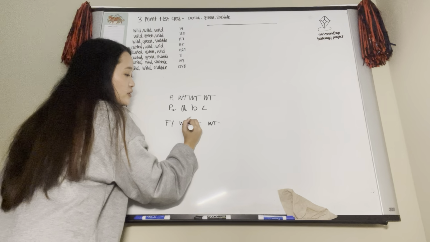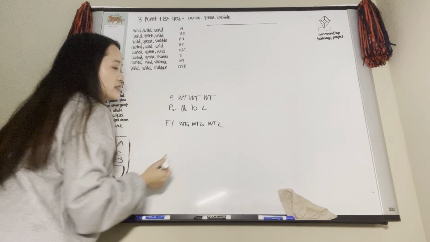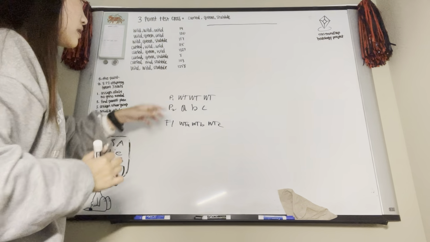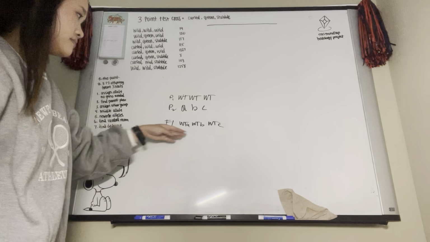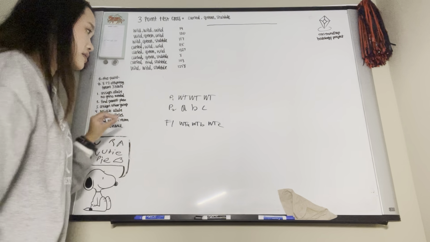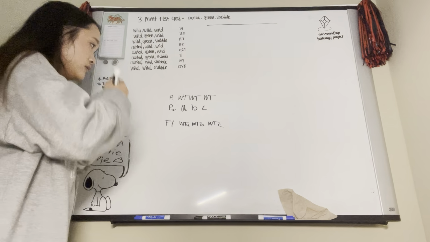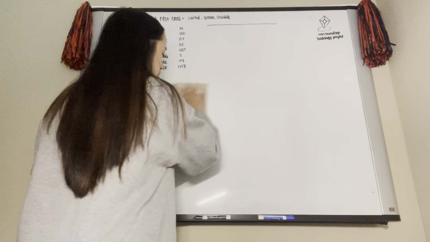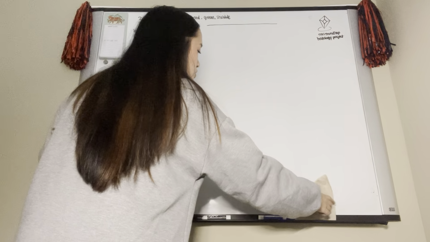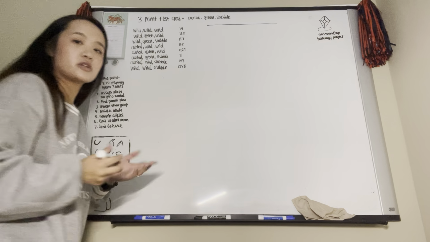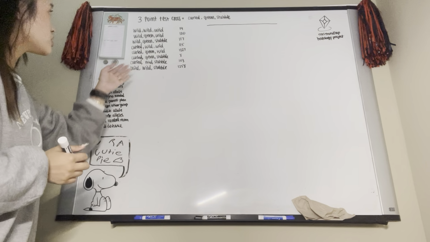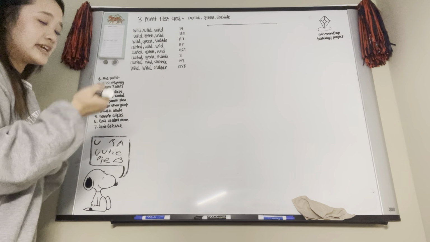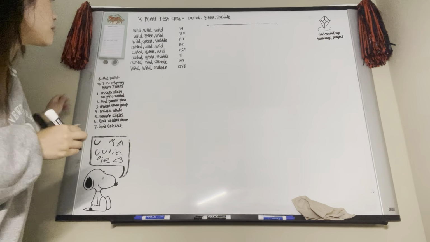However, they're going to be heterozygous in genotype for both traits, if you know what I mean. But you don't have to really know that. The results that you see on this board right here are most likely going to be given to you during a question. So this is going to be 8 different types of recombinations.